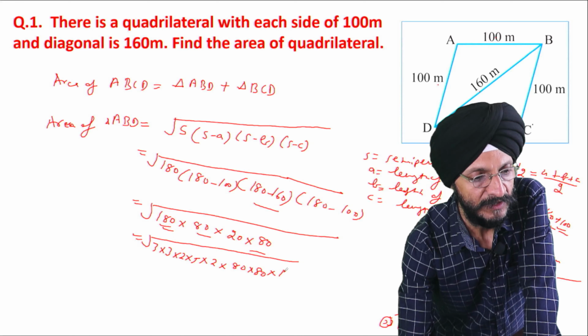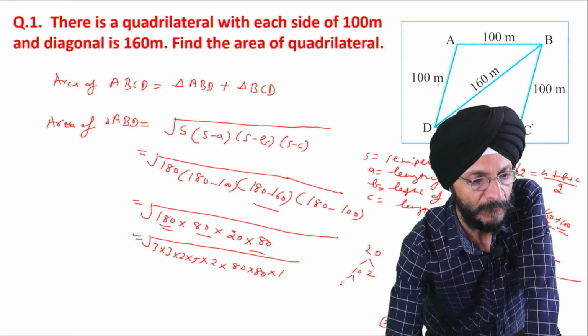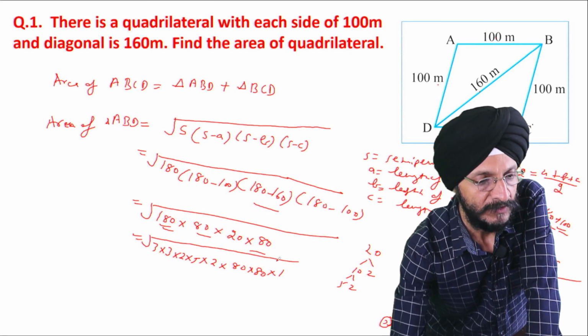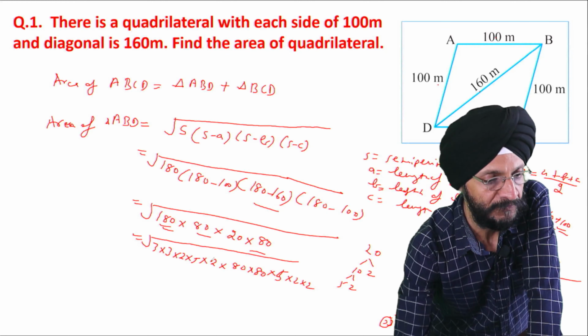Here we can divide 20 into 10 into 2, 5 into 2. So 5 into 2 into 2.